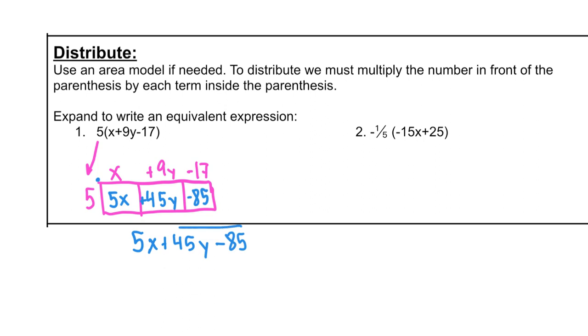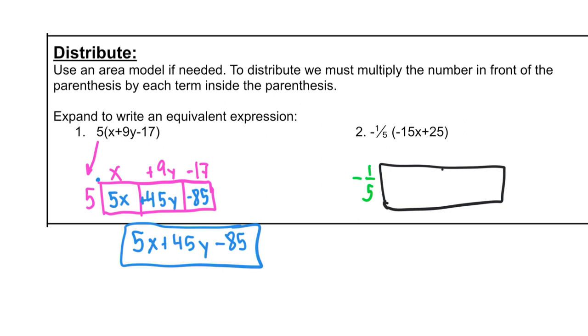That's our answer. And it works no matter how big or small the number is. So let's look at this next one. Or how fractiony the number is. We've got -1/5 out in front. And we have -15x inside the parentheses and +25 inside the parentheses.